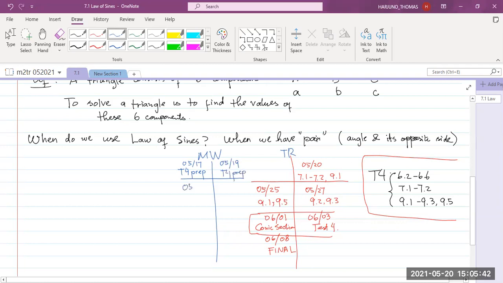We will also have one on Monday, but very likely we will finish that next Wednesday. When I say test 4 prep, this is working over a past test 4.